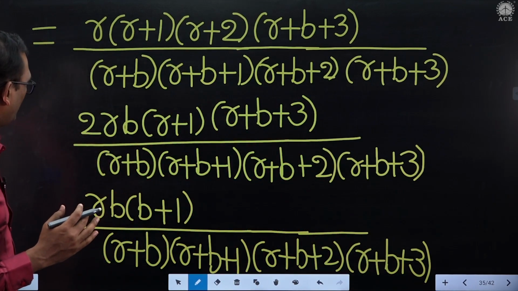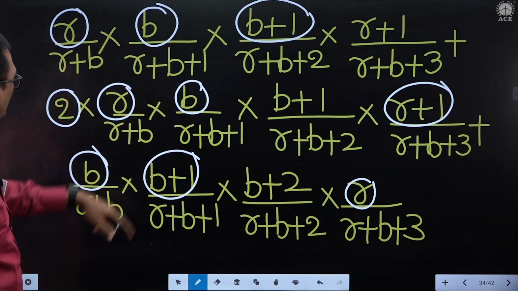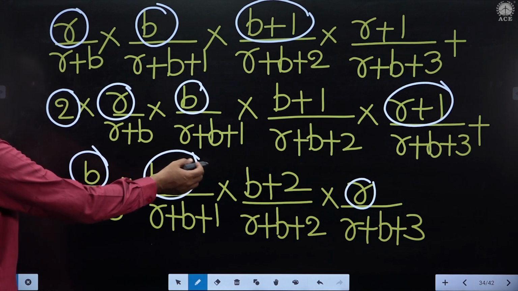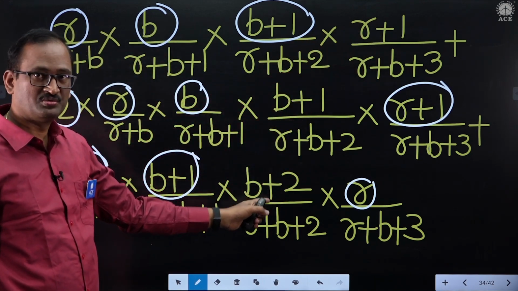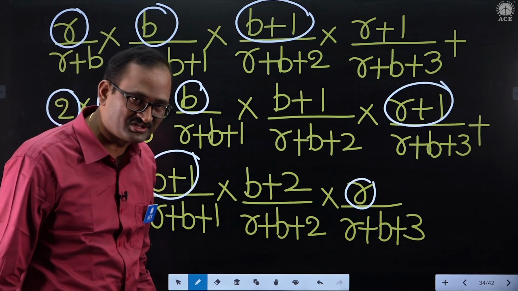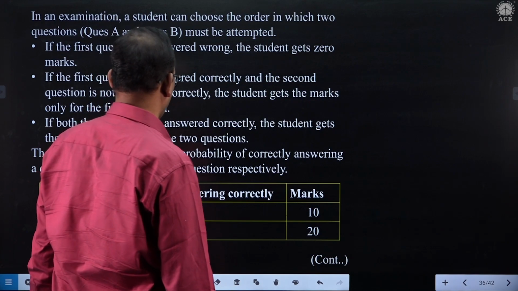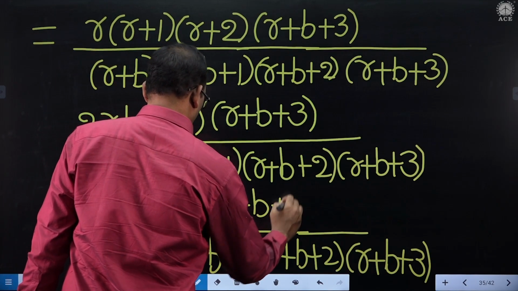So I took out rb plus 1. If I take out rb plus 1, similarly here also, the terms remaining are r plus 1 plus b plus 2, that is r plus b plus 3.